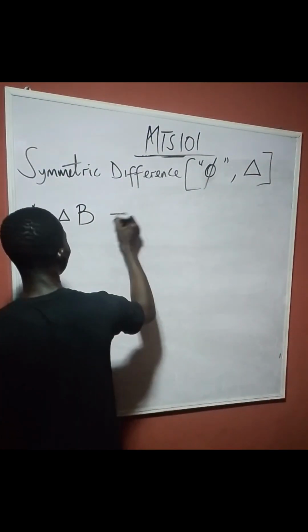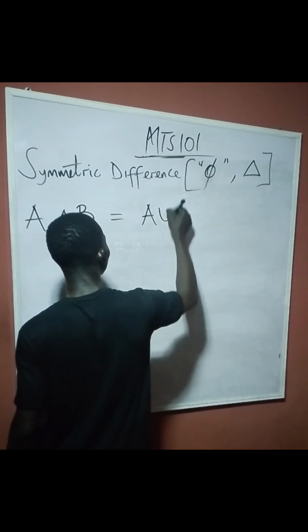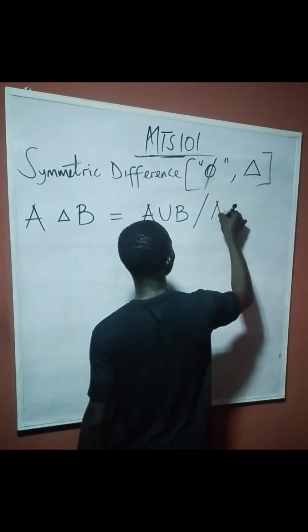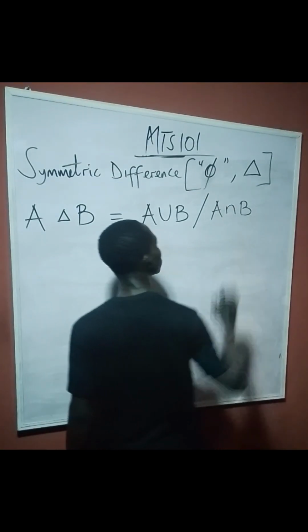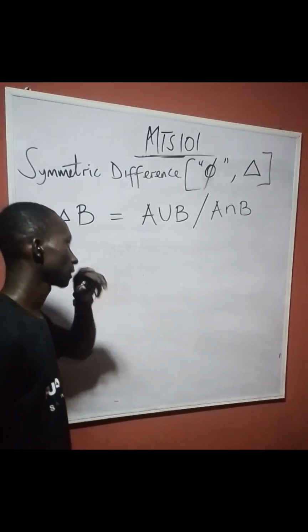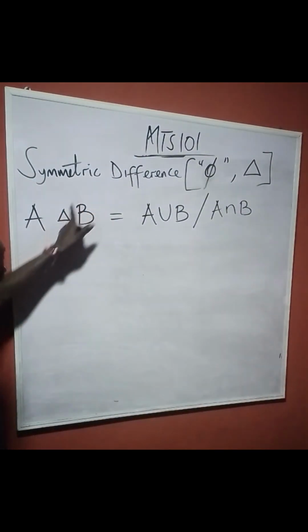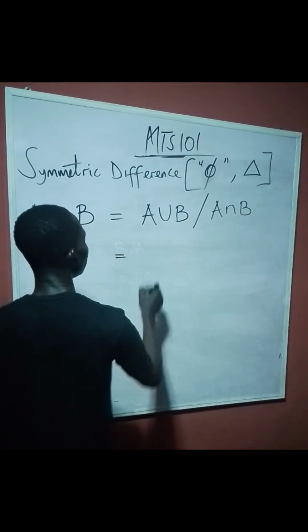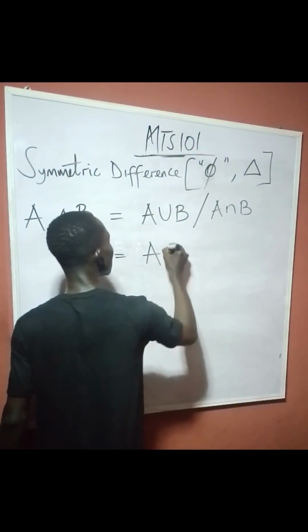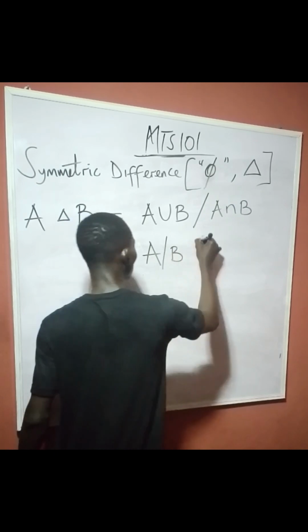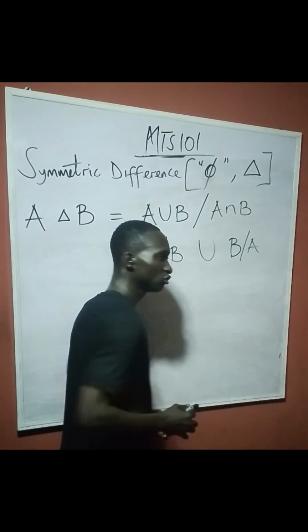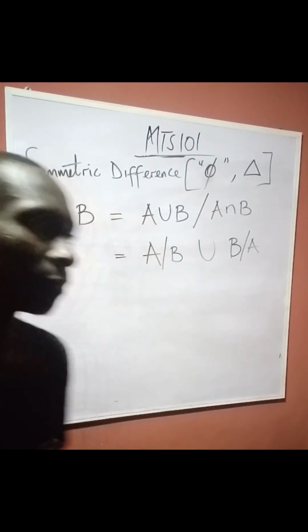Now, A symmetric difference B has two formulas. This can be interpreted as A union B difference A intersection B. You can use this formula to get the symmetric difference of A and B. Or you use A difference B union B difference A. Either of these will give you the same answer.